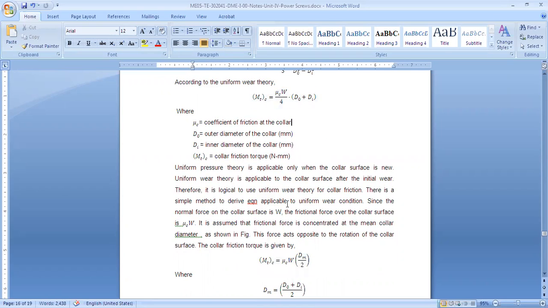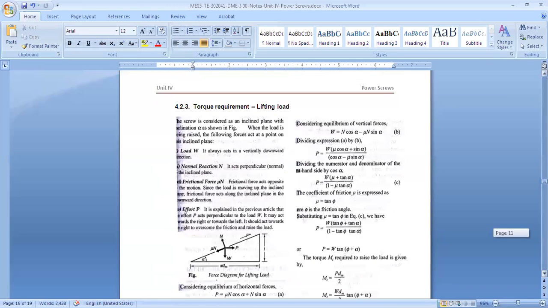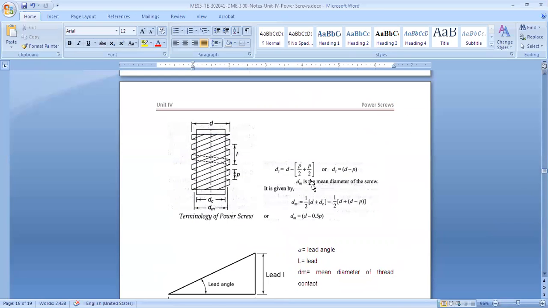So what does the uniform wear theory tell us is the collar friction torque? It is mu c into W upon 4 into (dO plus di). Now if you see, (di plus dO) by 2 is what we have seen here, while looking at the concept, dm is (dO plus di) by 2, or outside diameter plus inside diameter by 2.